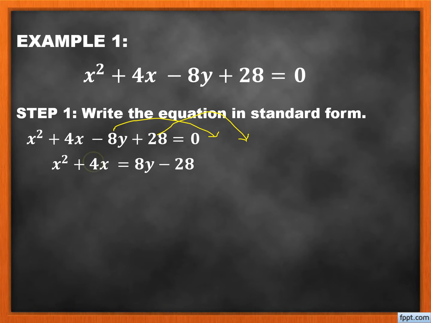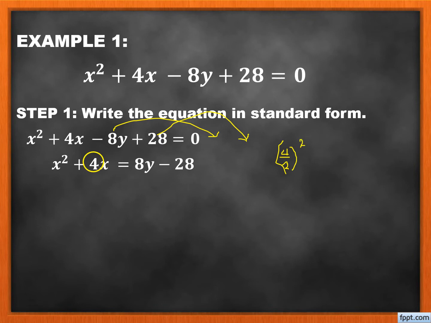Next, we're going to make the left side of the equation a perfect square trinomial by completing the square. To do that, using the coefficient of x, which is 4, we're going to divide it by 2 and then square the answer.